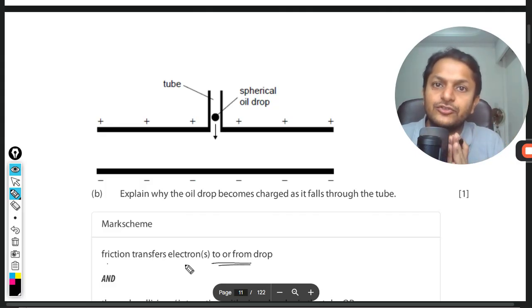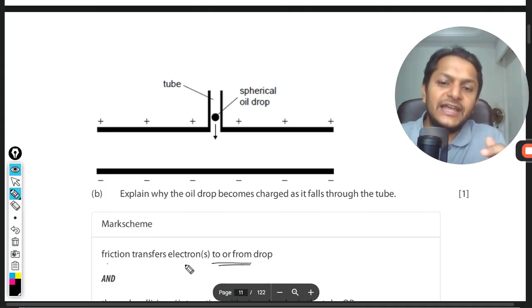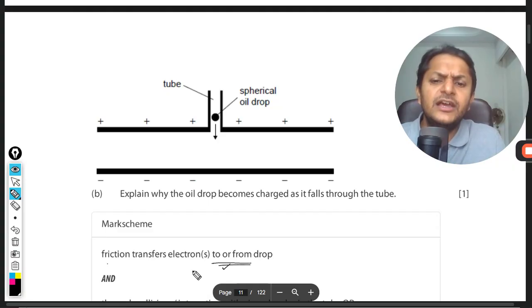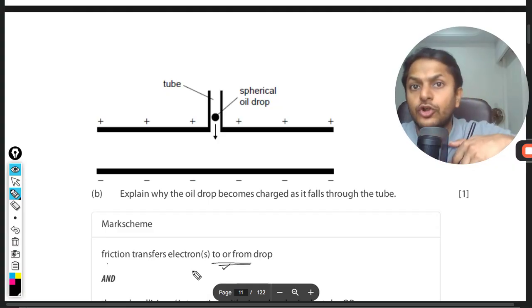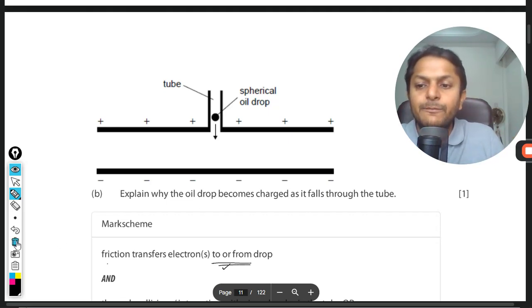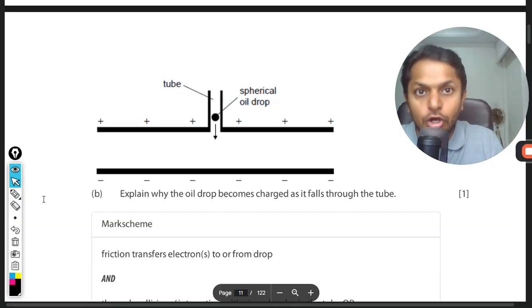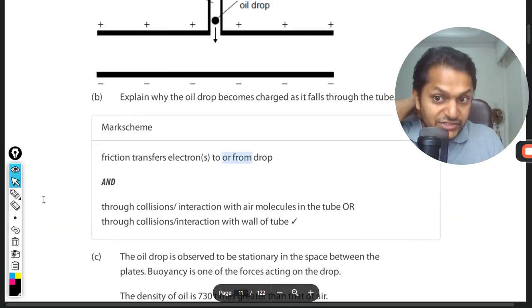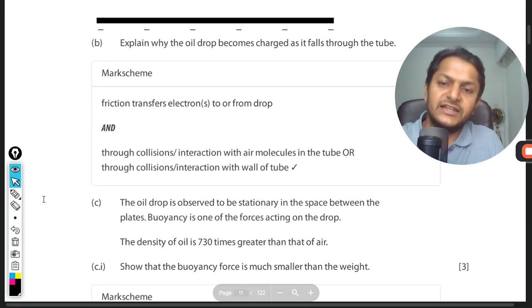So literally electrons are transferred from air to the oil drop, but we cannot say it for sure. That is why they are just saying that electrons can go from the drop also, they can be given to the drop also. But I know that electrons are transferred from air to the oil drop. So the drop is becoming negatively charged overall. But let me show you why and how. We are going to discuss it later.